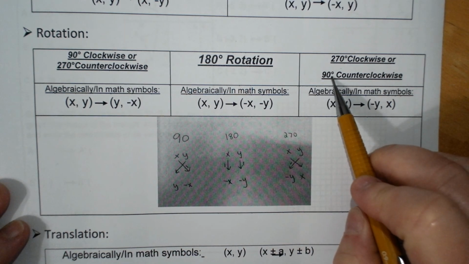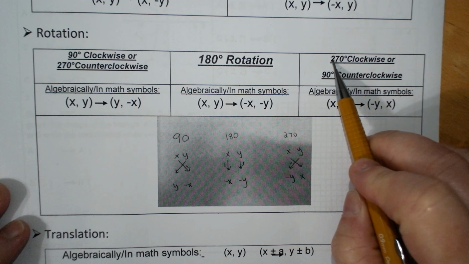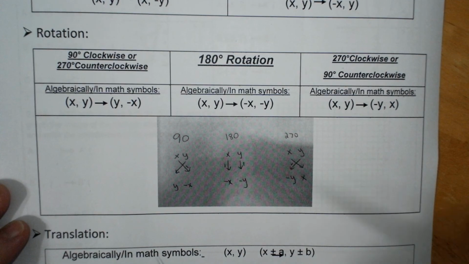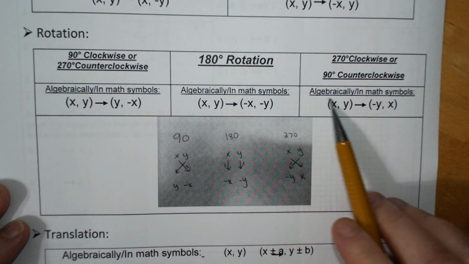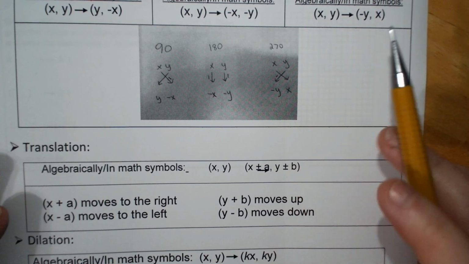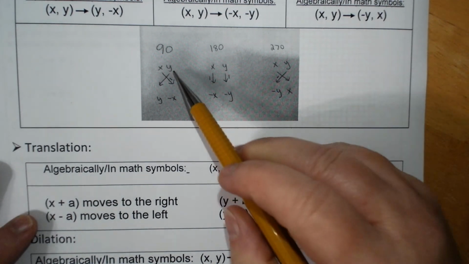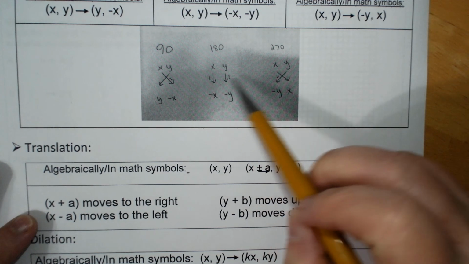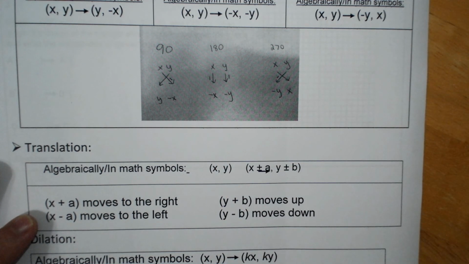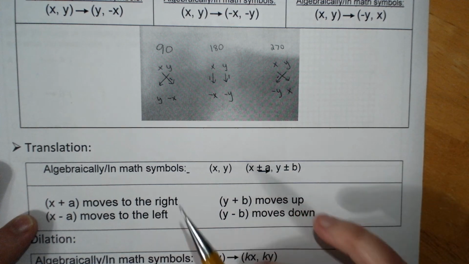And 90 counterclockwise is the same as 270 clockwise. You will have to be able to write these algebraically. One year I had students, when they were taking their test, I noticed that they had these little symbols and they told me that they were rotation shields, and I'll show you how to do the rotation shields as we go along.